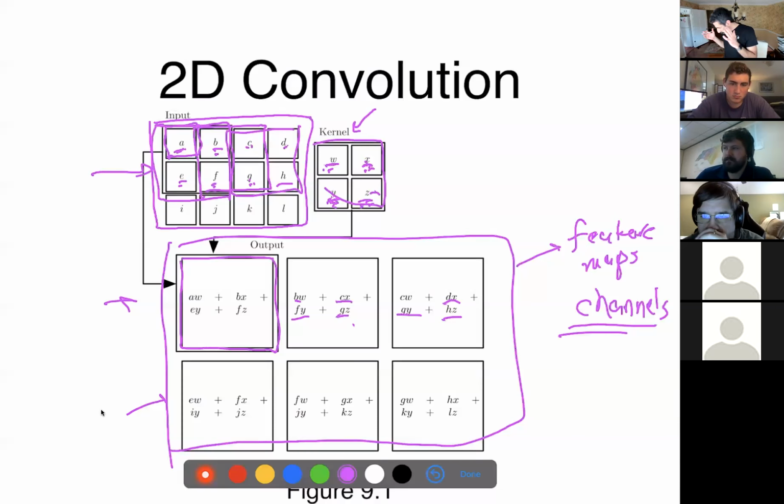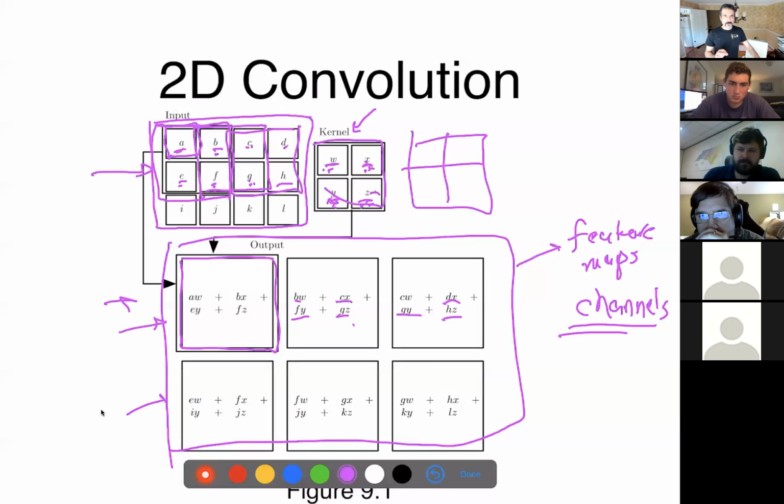And this was one output or one feature map. If you want to have, let's say, 2 outputs, right? You need to have a second kernel to produce the second output for you in the same way, right?